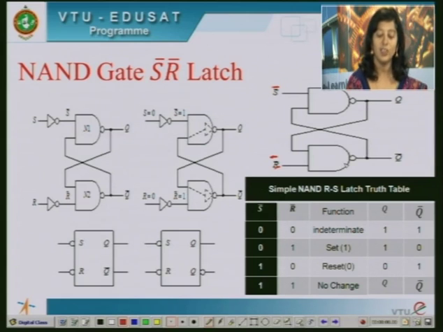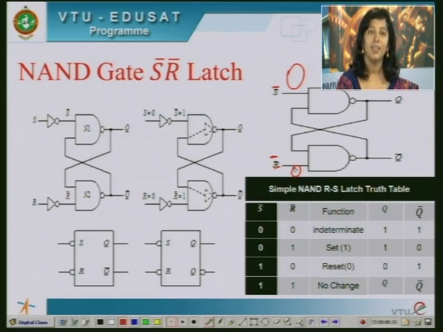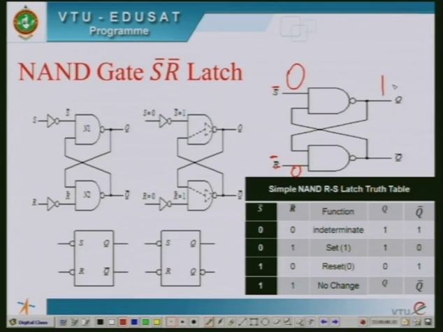The first condition we are going to consider is when S bar is 0 and R bar is also 0. So, when both inputs are 0. Do you remember the operation of a NAND gate? In a NAND gate, if any one input is 0, the output will go to high state. Please remember, NAND is NOT of AND. So, 0 AND anything is 0, NOT of 0 means it is 1.